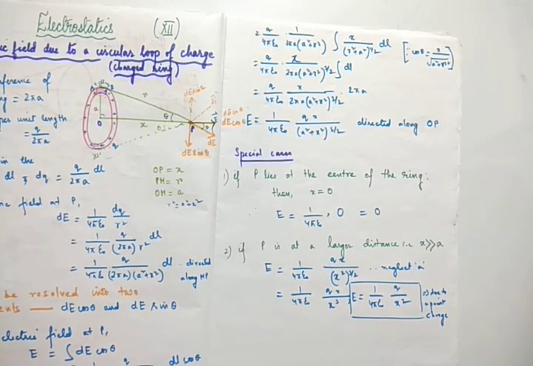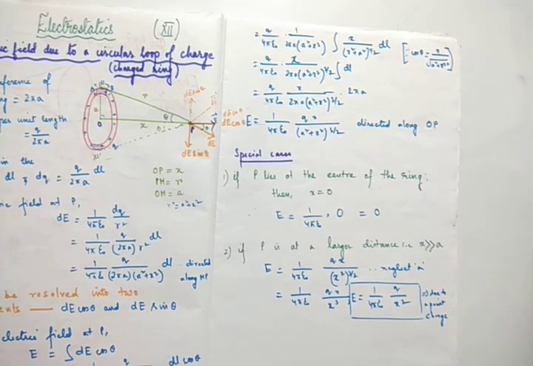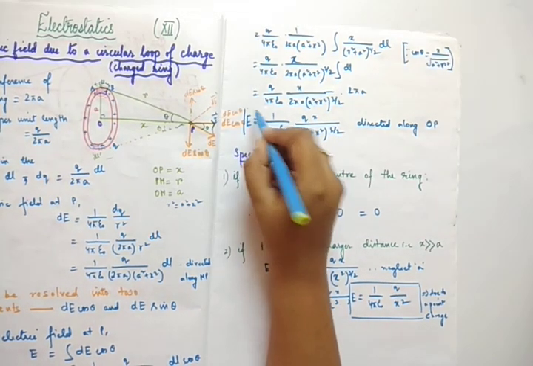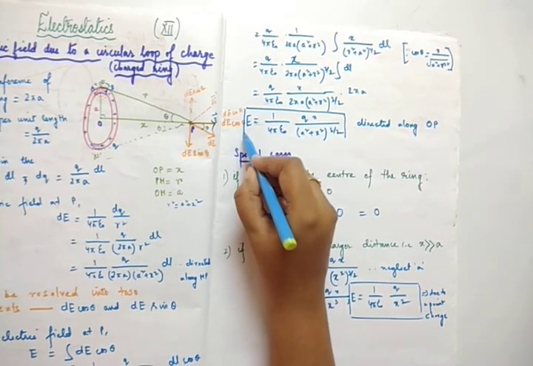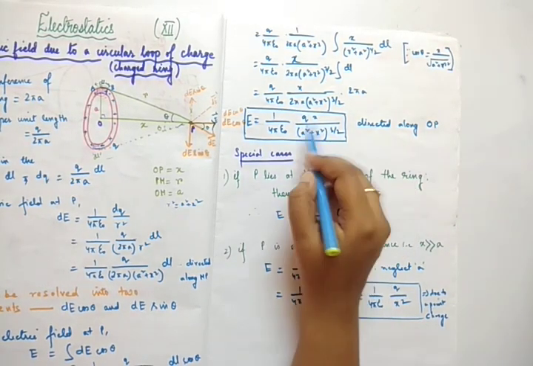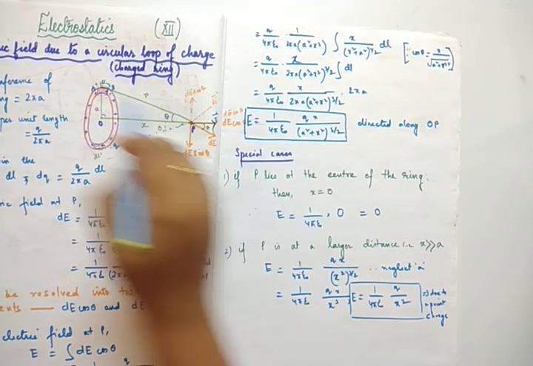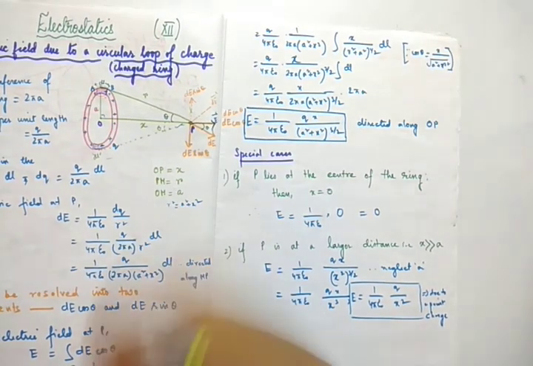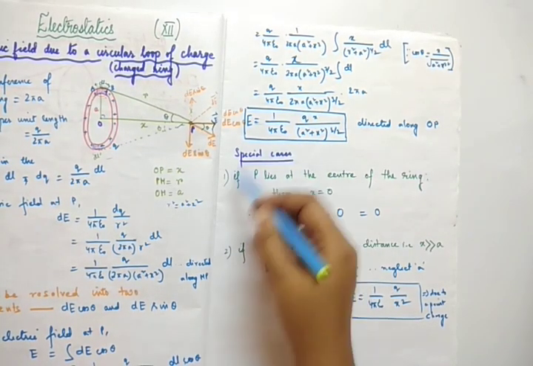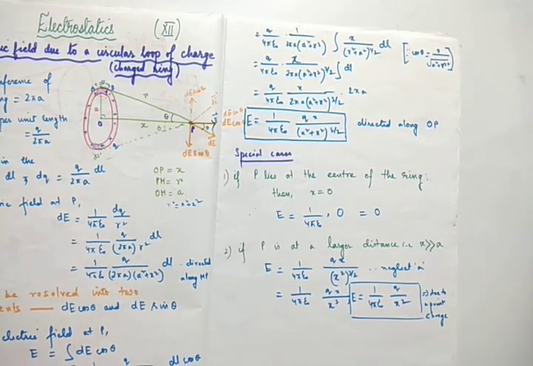At a very large distance, the electrically charged ring behaves like a point charge. This is the main conclusion of this deduction, and from it we can draw these two special cases.